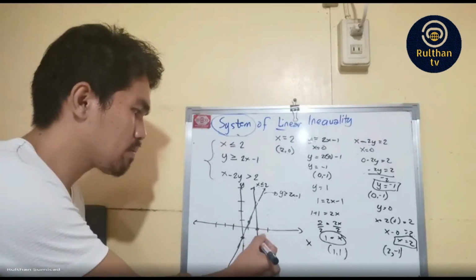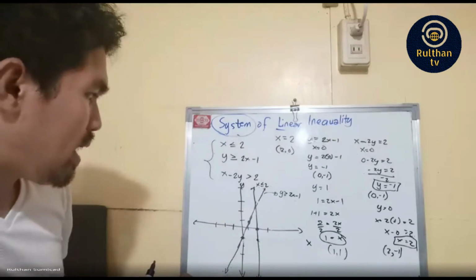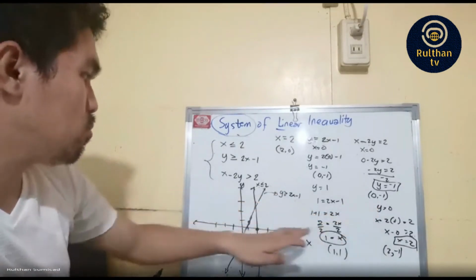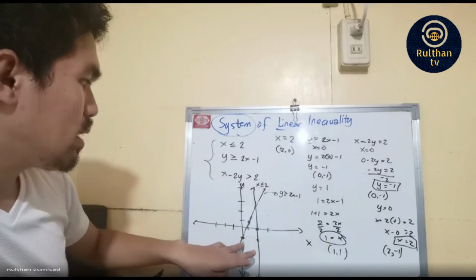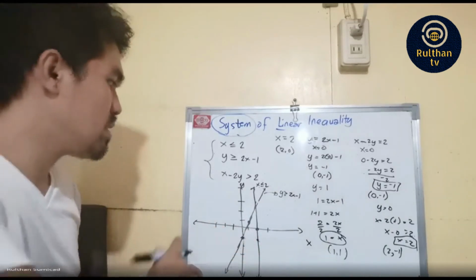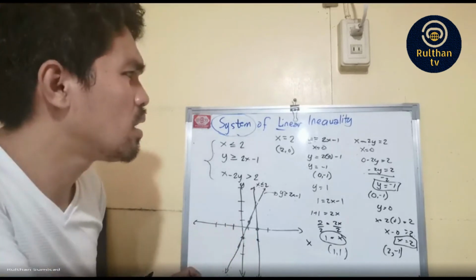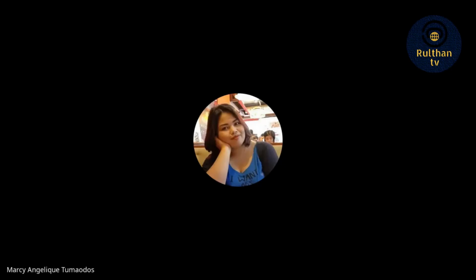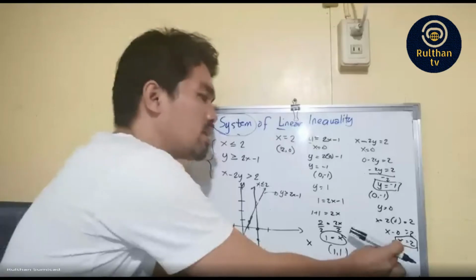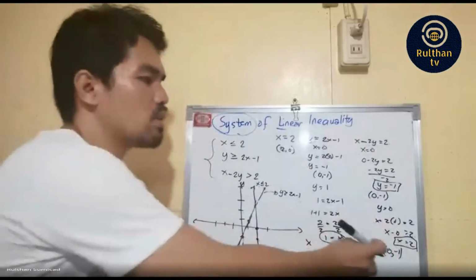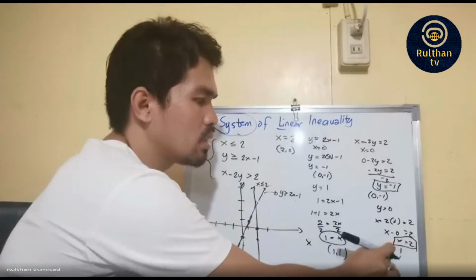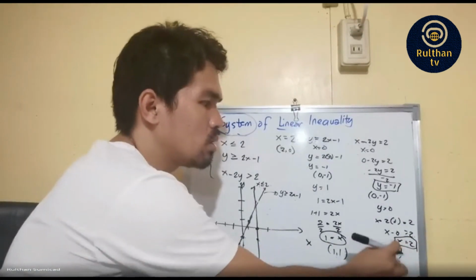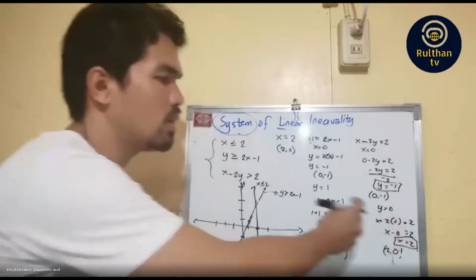Wait, what happened to my line? First is 0, negative 1. 0, negative 1 is this. Excuse me, sir, is anything wrong with 2, negative 1, because y equal to 0 is what is used here? Oh yeah, this is 0, negative 1. That's why I said it is weird. Sorry, this is 2, 0, right?